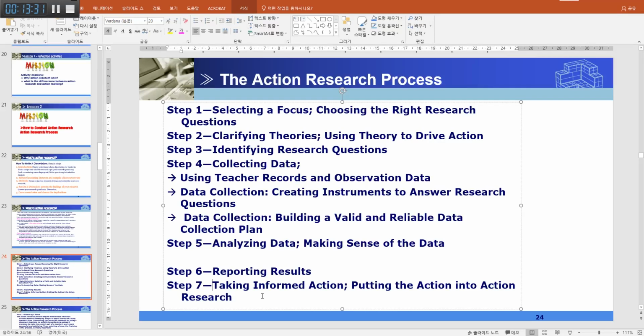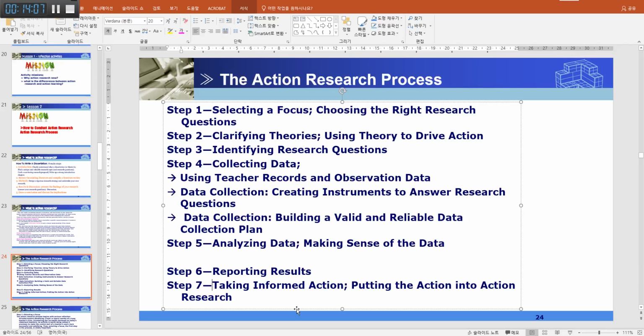The theory produced through action research is about a solution, a solution to solve your original question. So you got some solution, and since this is action research, you need to put that solution into action. That's the final stage of action research.